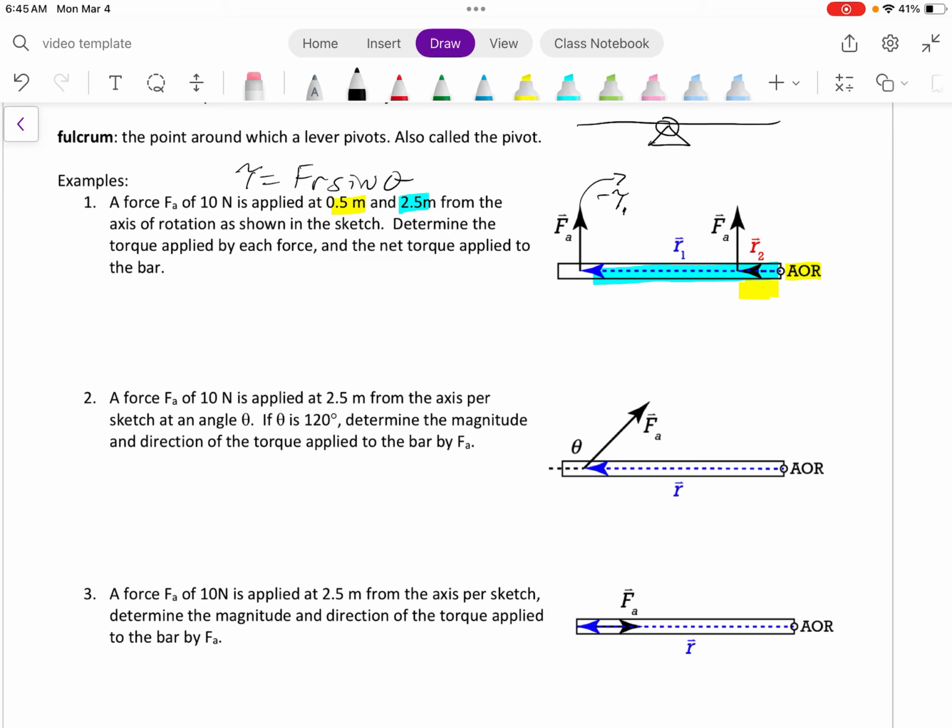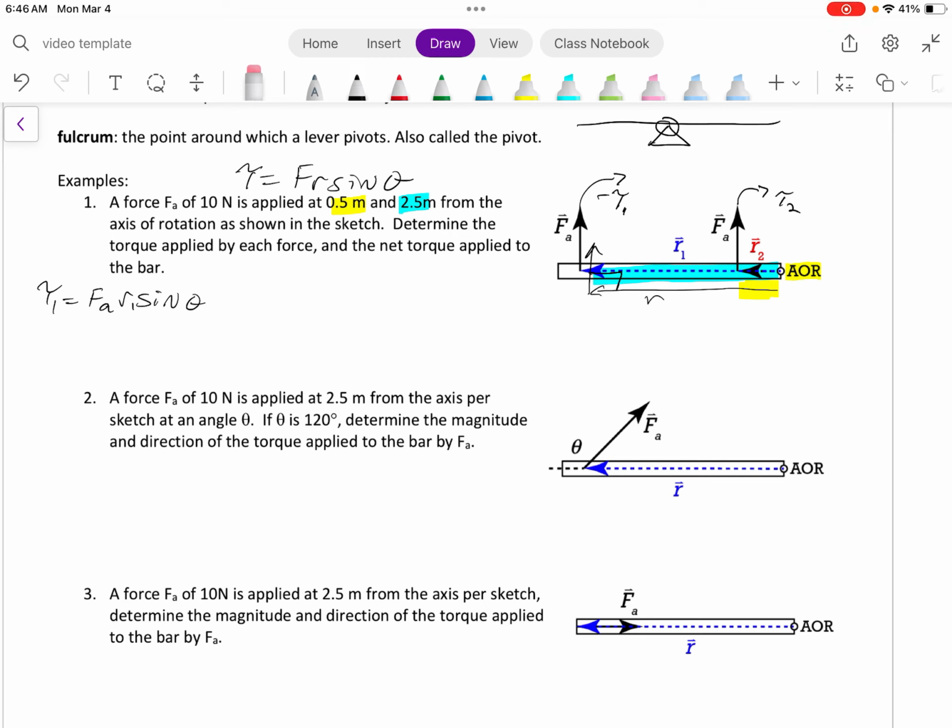I'll call it torque 1 since it's the distance R1 from the axis of rotation. This also causes the bar to rotate in a clockwise direction. I'll call that torque 2. Torque 1 is equal to force A times R1 times sine of the angle between the force applied and the R. So here's the force applied and there's the angle.